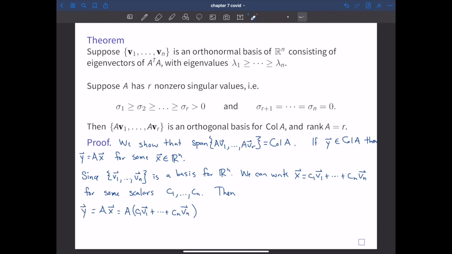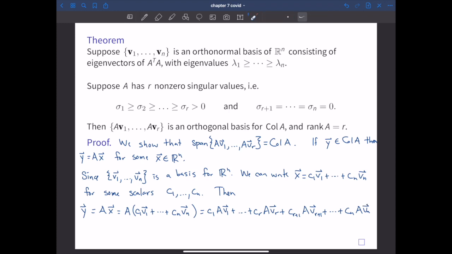Over here, we can distribute the matrix A through. This gives us c1 Av1 plus, I'm going to write it out in a little more detail, cr Avr, so this is the rth one, plus c(r+1) A v(r+1), and then cn Avn. I've just expanded this sum out a little bit.